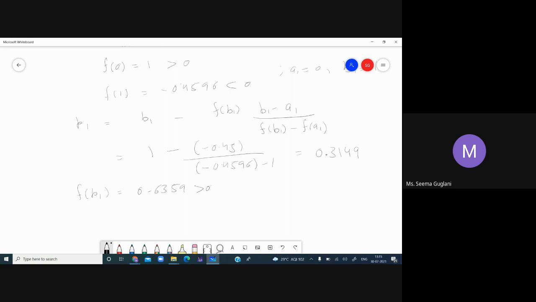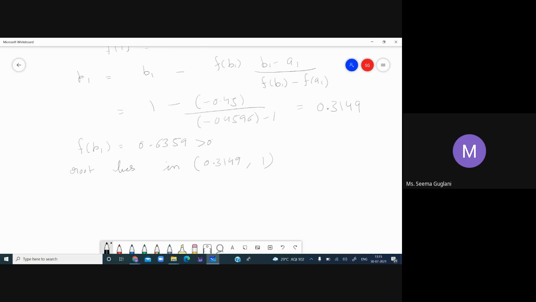It means the root will lie in P1 to B1. So in the next iteration the root will lie starting from P1 and ending at 1. So this would be my next interval. So you see the difference between bisection and regular falsi?